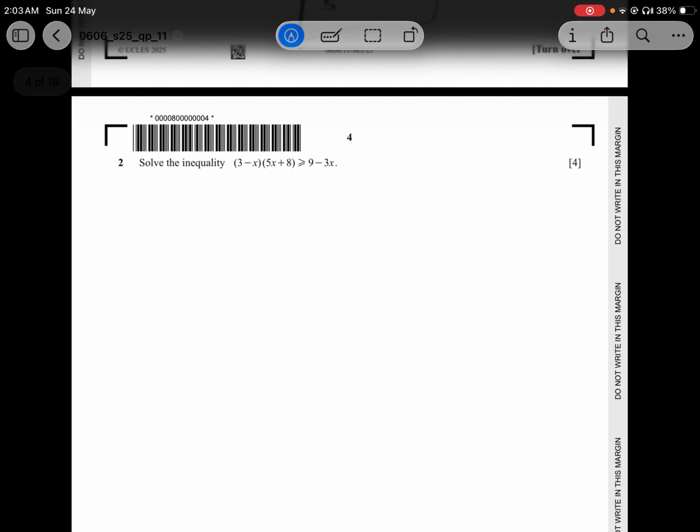Now the inequality is nice. It should be a quadratic one, I guess. Okay, so 3 minus x and 5x plus 8 greater than or equal to 9 minus 3x, right? So what are we going to do? I'll just expand this thing.